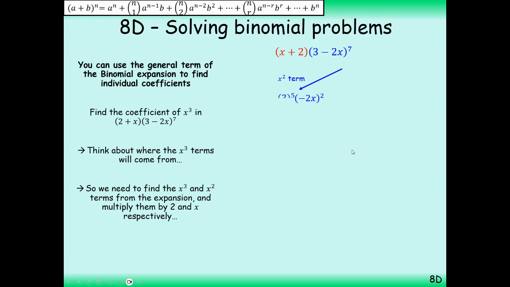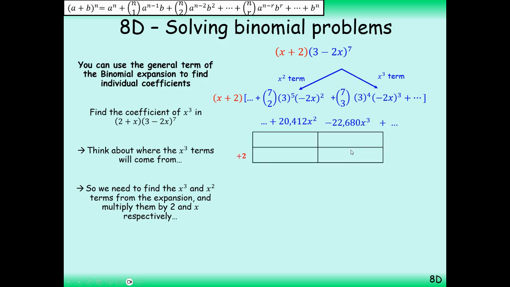So in the end, we evaluated these two terms and we put them in this box here, remember? And I showed you that this is unnecessary. Okay, I wrote x first and then 2. Previously I had 2 first and then x. Doesn't matter. So when you evaluate 7 choose 2 times 3 to the power of 5 and then you'll have a 4 here.